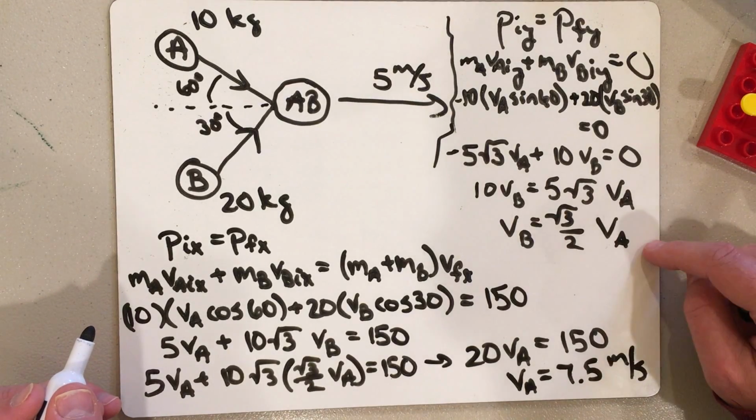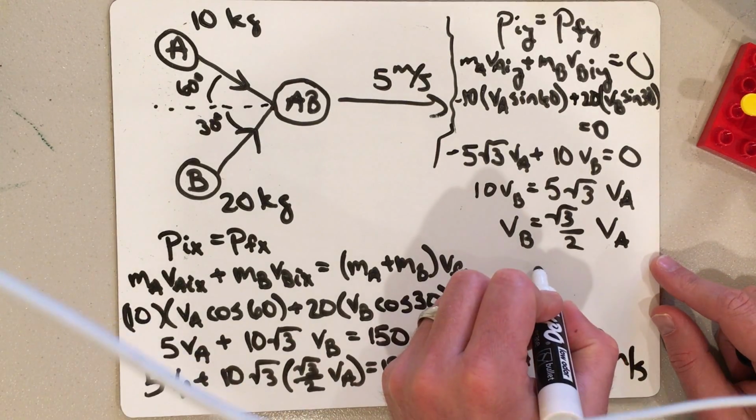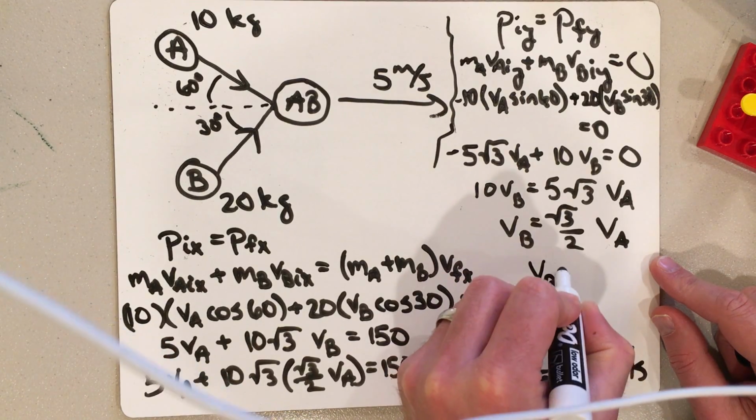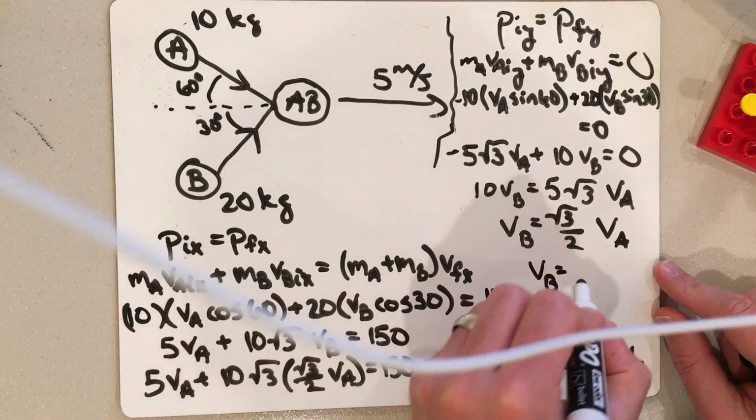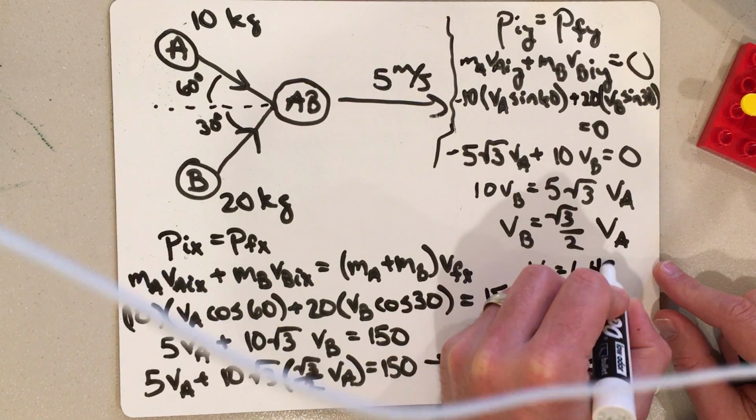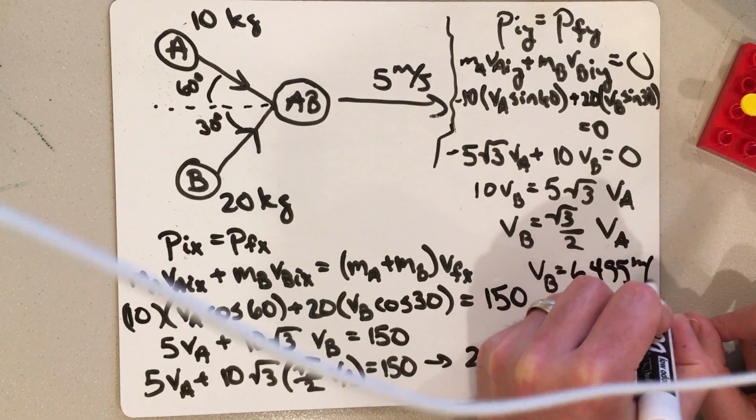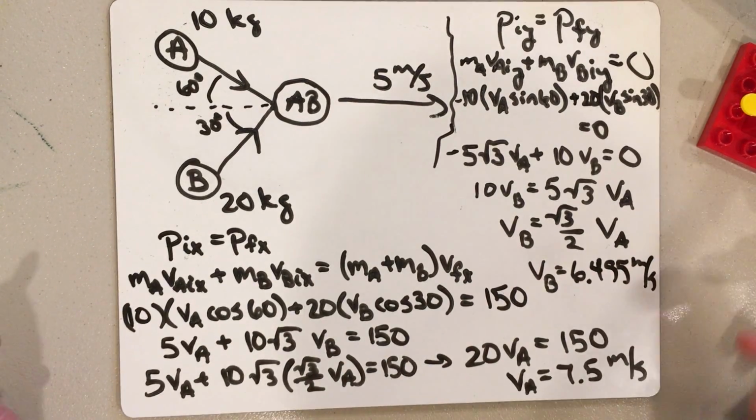Take that, plug it up here, and you get that VB equals approximately 6.495 meters per second.